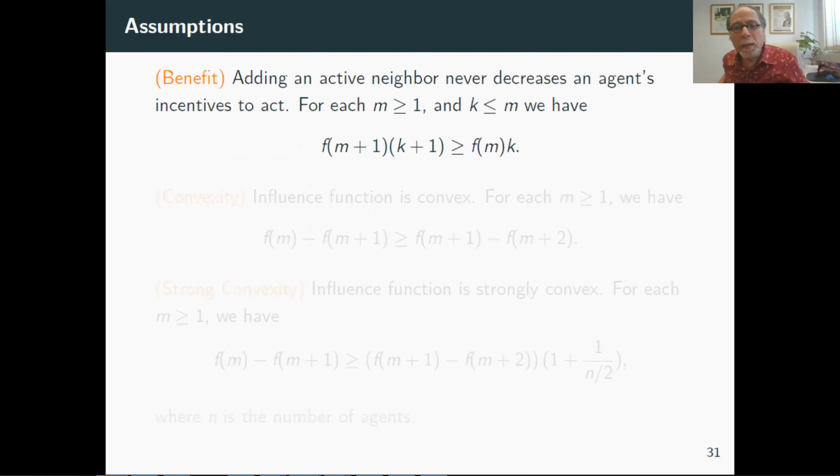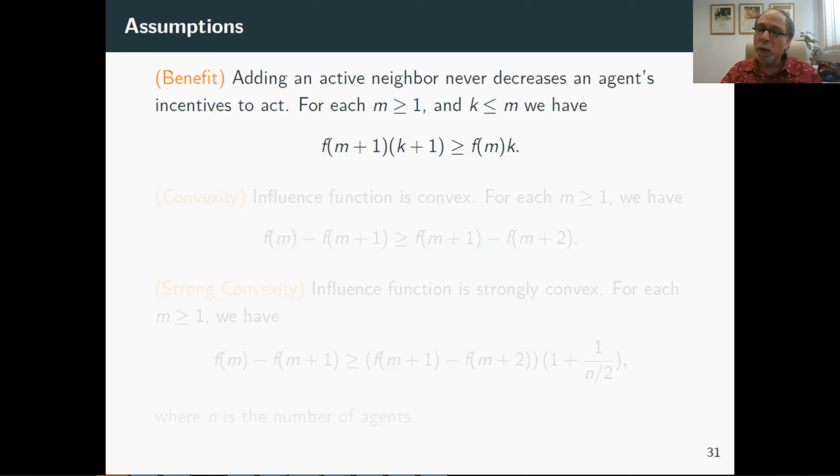Okay, so let me introduce three conditions that we need, and I think these are relatively benign. At least two of them are very intuitive, okay? And we need them to get the general results. The first condition says that if you introduce another friend of an agent, and this friend is taking the action, it's only going to increase the incentive of the player to take the action, okay?